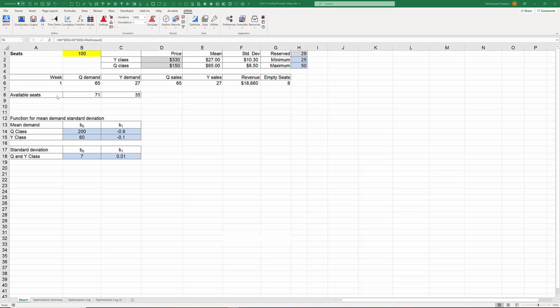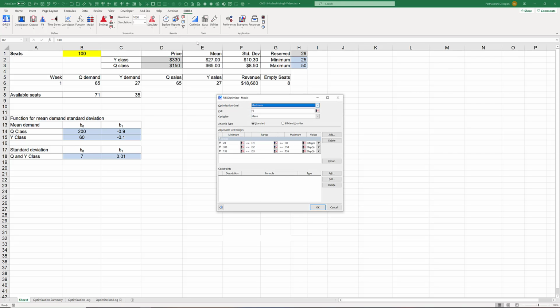Now we have this model where the prices we already have set up from, I think it is D, where we have the number of reserved and the prices set up at a closer range.